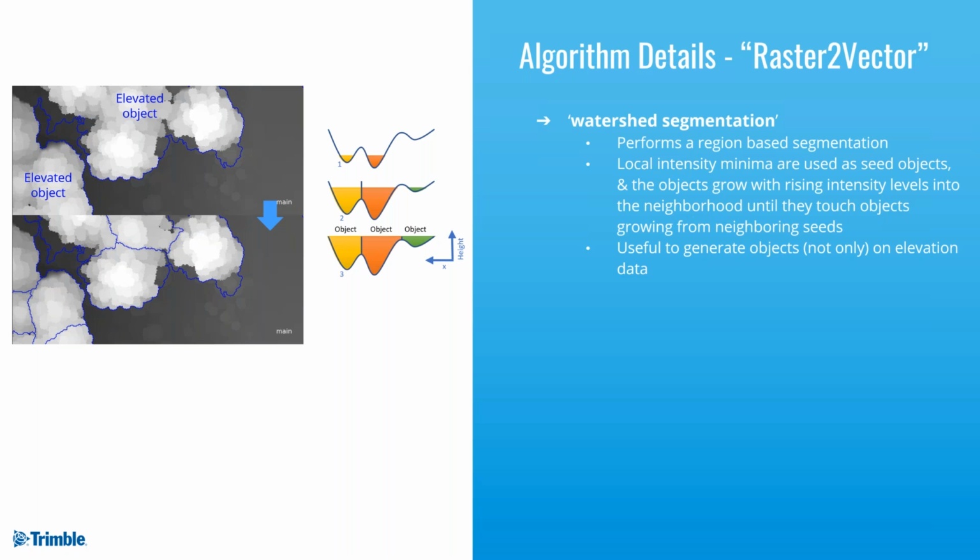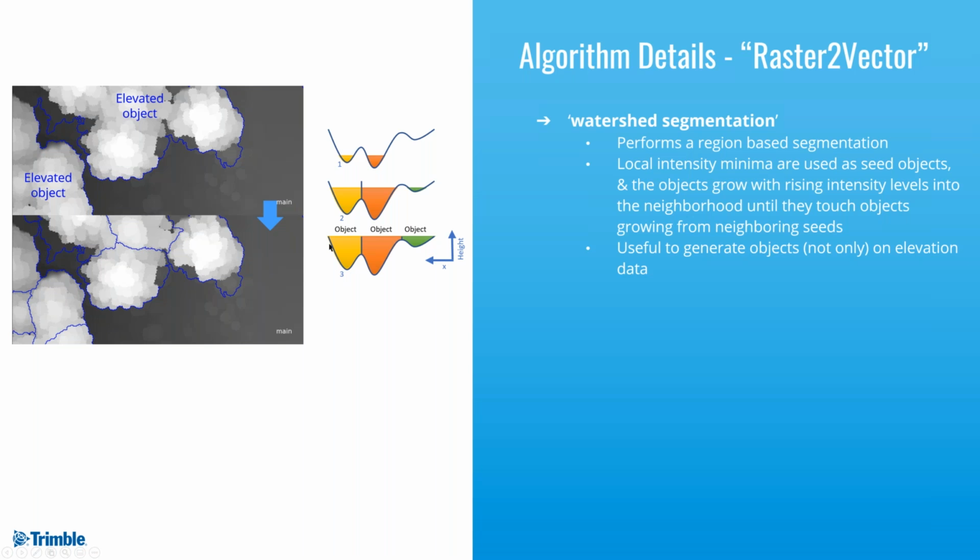And we will grow these objects into, say, rising intensity levels into the neighborhood until they touch other objects, okay? So as you can see here in this second screenshot, they grow and grow and grow. And then when they start to bump into the next object, they stop growing.